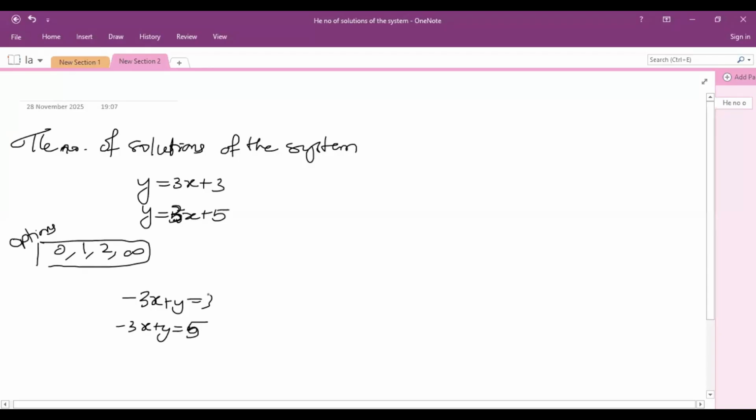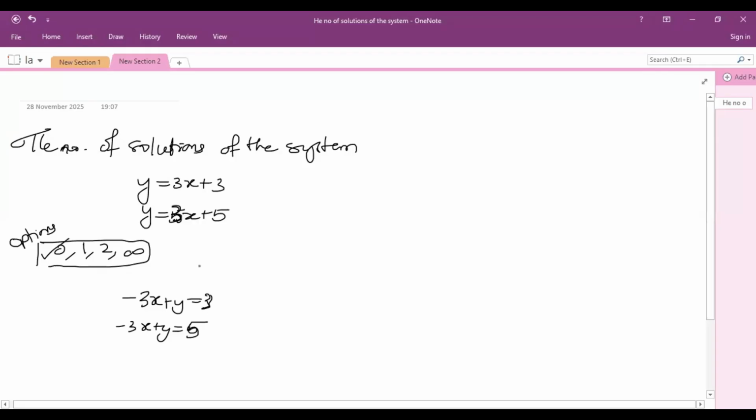can we check if it is consistent or inconsistent? Inconsistent. Having values of x and y which give both the values 3 and 5 will not be possible. So that's inconsistent, and so we can go with the option 0.